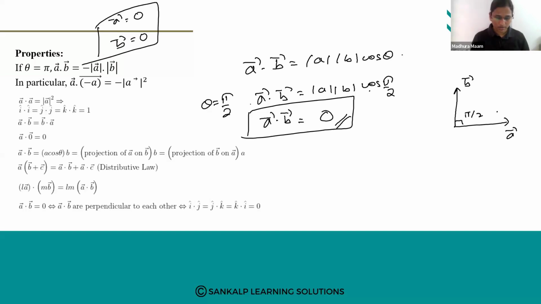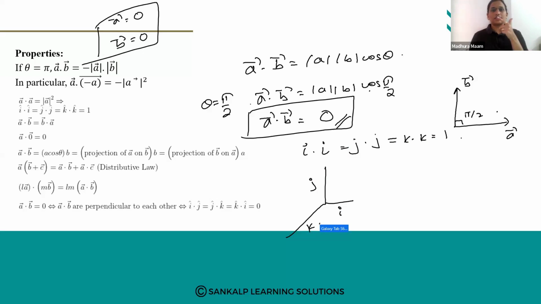Now see the next result. I dot I, J dot J, K dot K, I said, are equal to 1. Now I, J, K are along the x axis, y axis, z axis. We know that x, y, z are all perpendicular to each other.